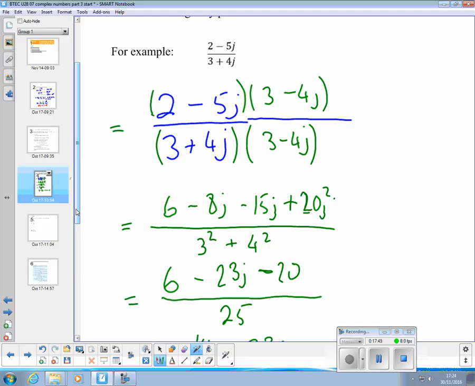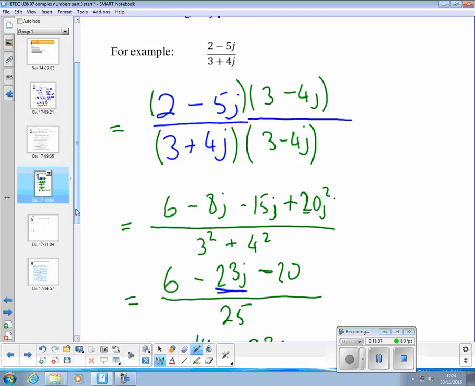Right? So multiplying the bottom out, I end up with 25 as the denominator. 3 squared plus 4 squared is 25. Here I've brought the two j terms together. 8 minus 15 is minus 23.